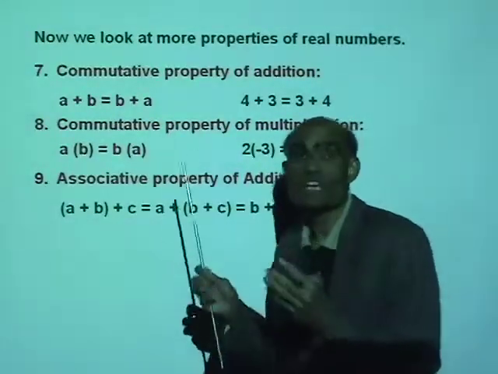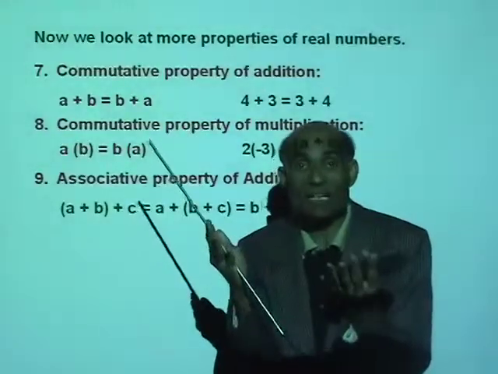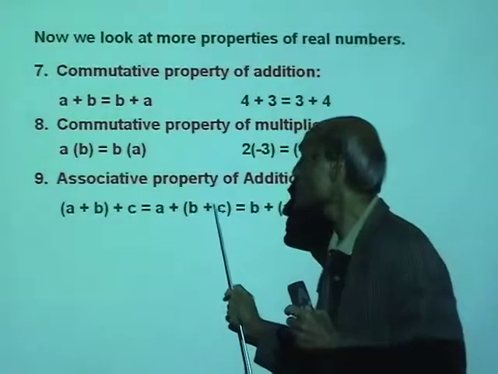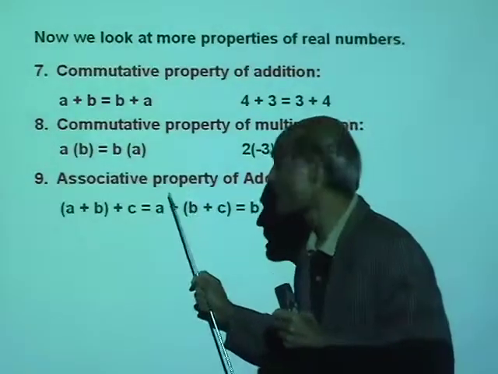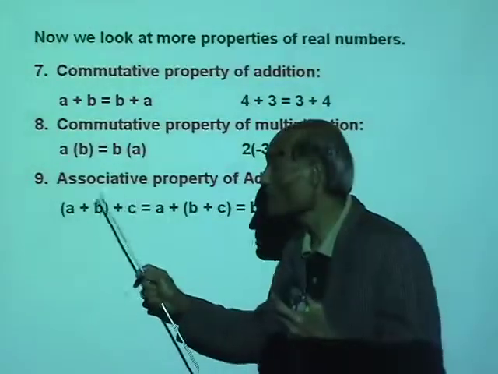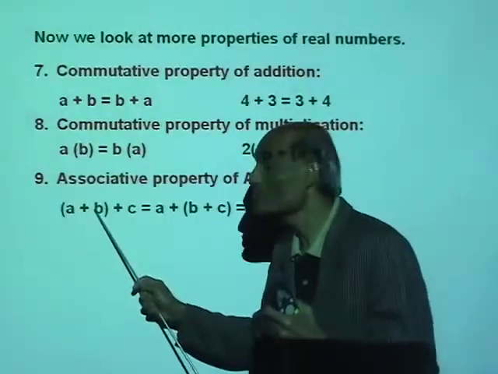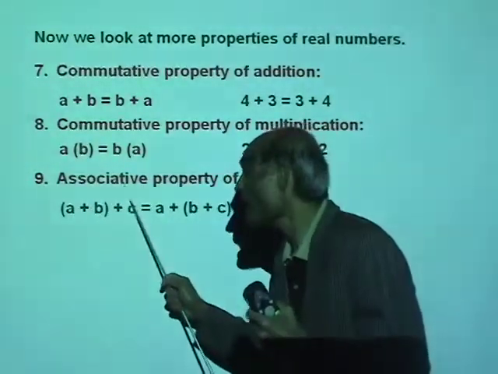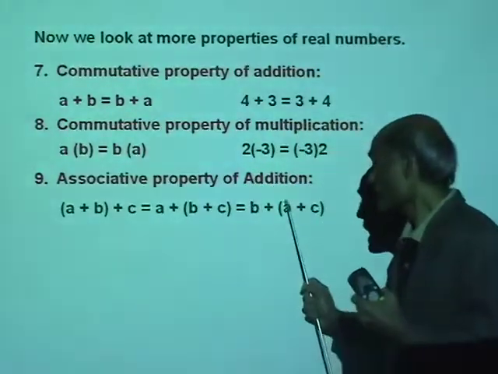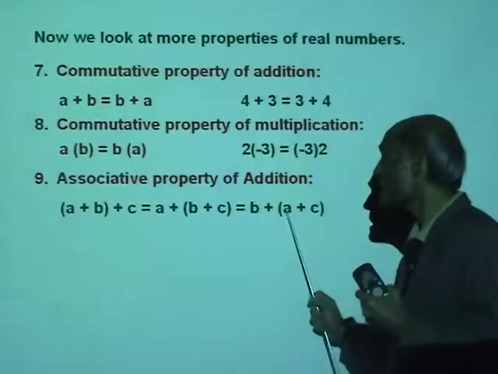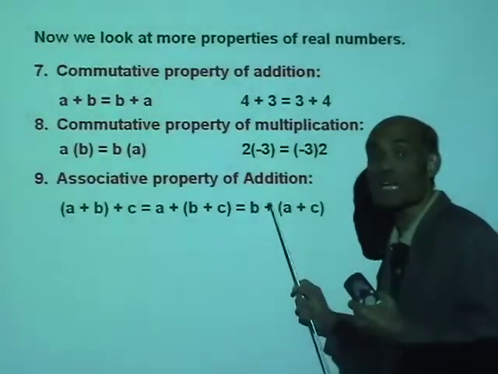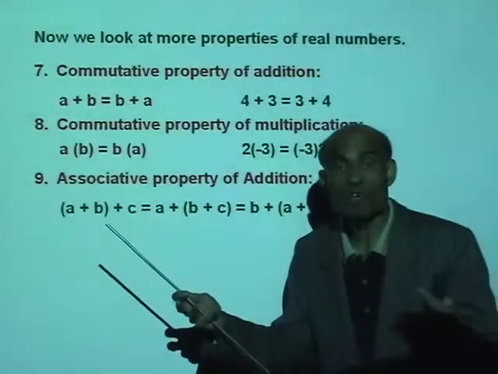In other words, it really doesn't matter the groupings. You can add B to C, then add the result to A. You get the same result as adding A to B and then adding the result to C. Or you can add A to C, A plus C, and then add the result to B. You get the same result.